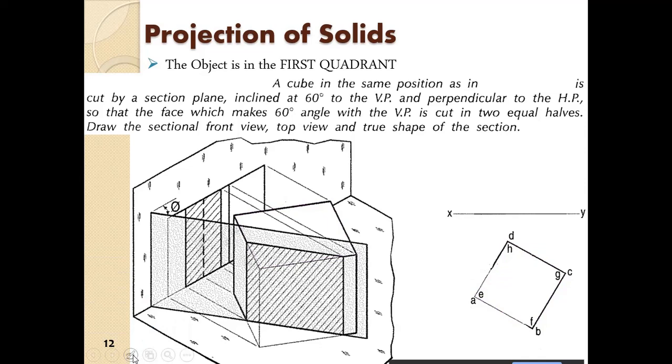Then number 2, we draw the intersecting plane. It is inclined at 60 degrees, so we draw the plane at 60 degrees, dividing it into two halves. So this length is equal to this length, so that we have to keep in mind. And we draw this line. So this is how we draw the intersection plane in the top view.